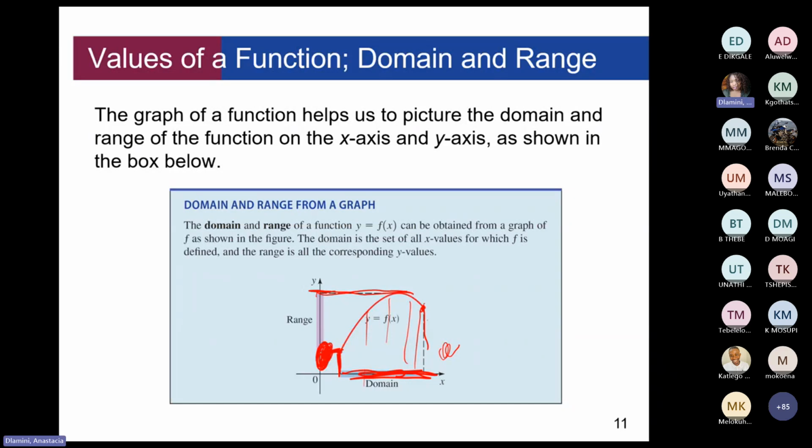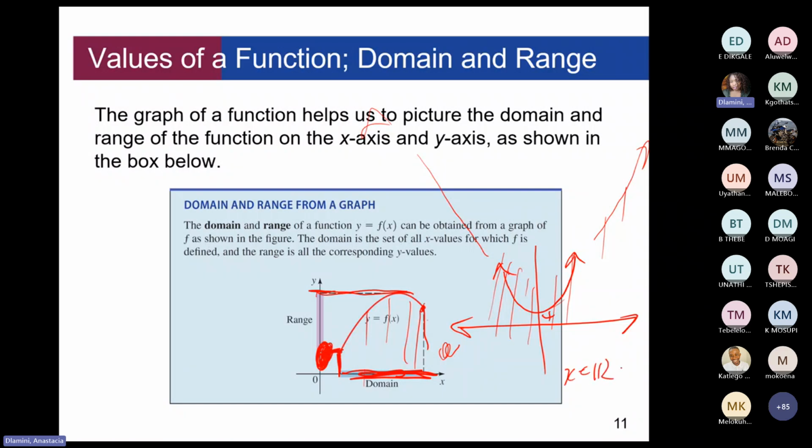Same applies to how we looked at the parabola. We said the parabola is like this, and we have a 4 here. How do we look at the range? For the x values, if we draw lines like this, we can see all the x values, and the parabola continues like this, so x is an element of real numbers.